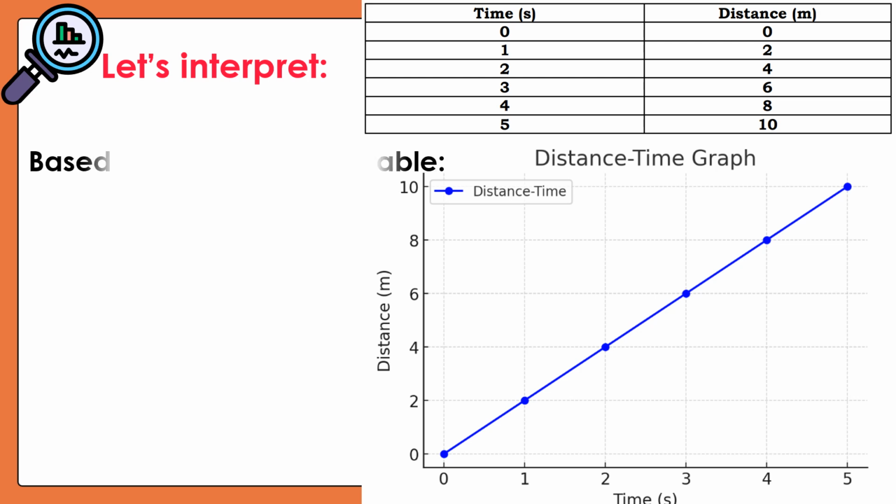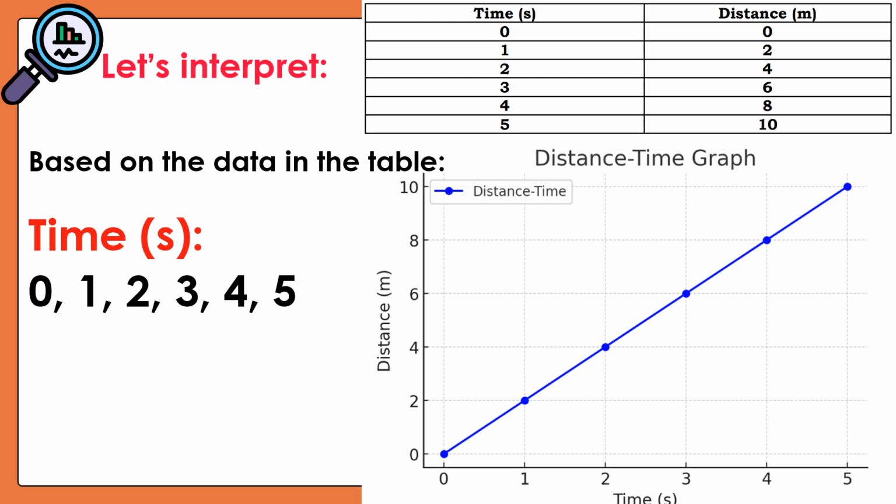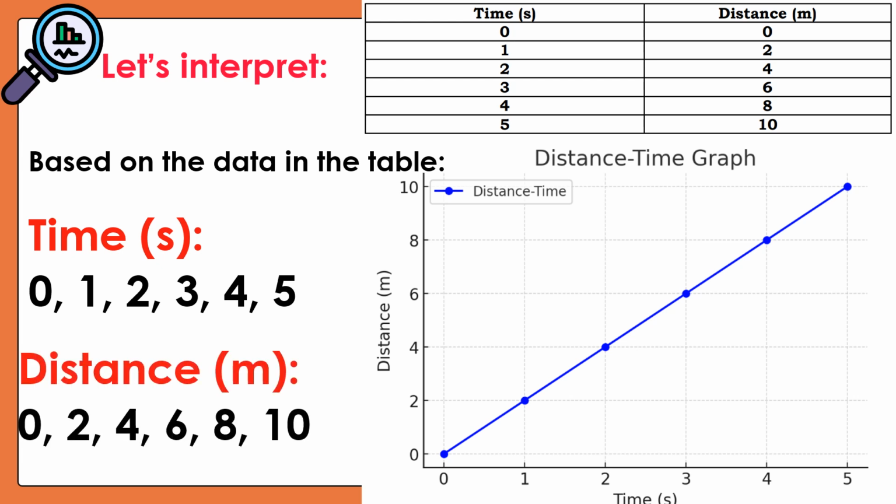Let's interpret. Based on the data in the table, we have time 0, 1, 2, 3, 4, 5 in seconds. Distance in meters 0, 2, 4, 6, 8, and 10.